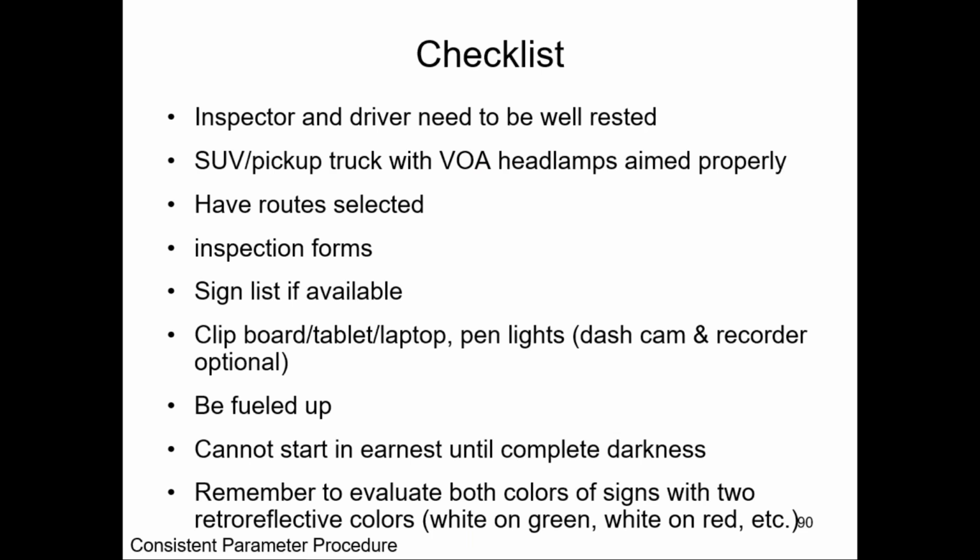And again, be sure to wait for complete darkness until you begin the process. And the inspector would probably need to be trained to evaluate both colors of signs with two retroreflective colors. For example, white on red for a stop sign or yield sign. They'd need to be advised and trained that they need to look at the brightness of both of those colors.